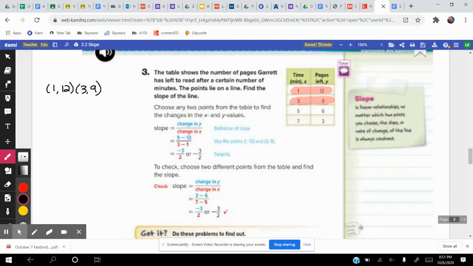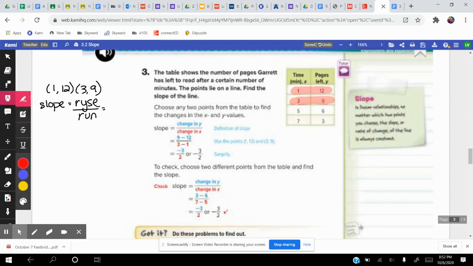So we have our slope is our rise divided by our run. So the change in y divided by the change in x. So I want to define my y terms, which is 9 and 12. And then I want to define my x terms, 3 and 1.